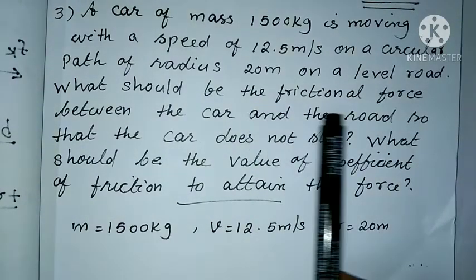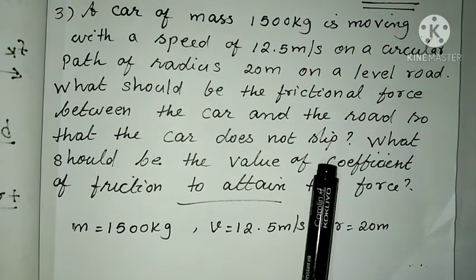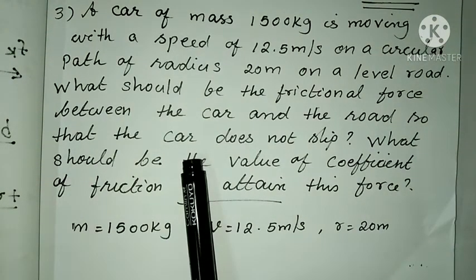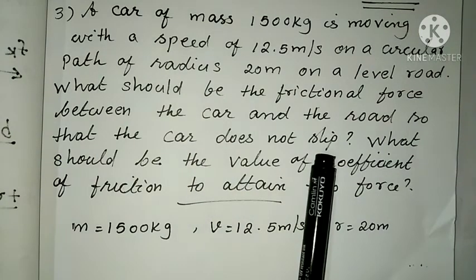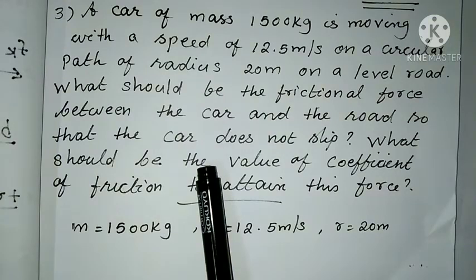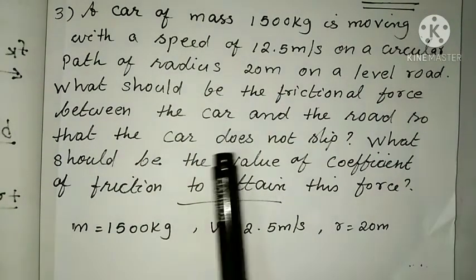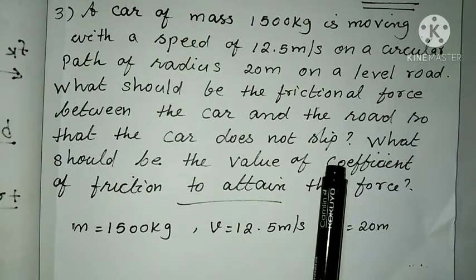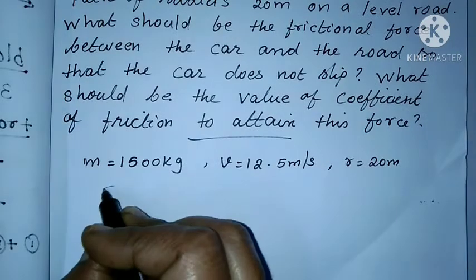So you want to find the frictional force between the car and the road so that the car does not slip. So what is the condition for the car not to slip? When the frictional force is equal to the centripetal force, then the car does not slip.